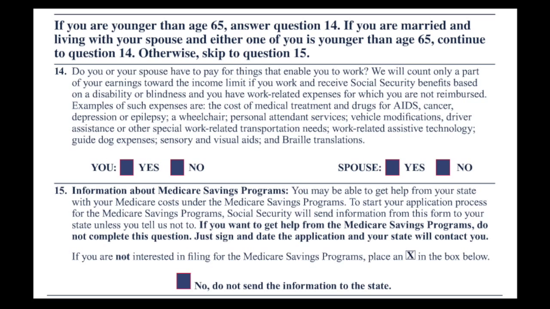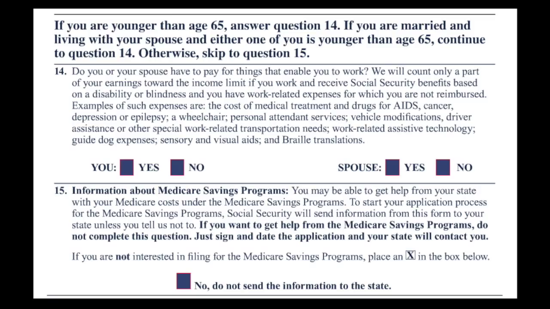Question 14 is only for those who are younger than 65, or if the client is married and living with their spouse and either one is younger than 65. Otherwise, you would skip this question and go to question 15. This question is only for the individual who worked in the last 2 years.